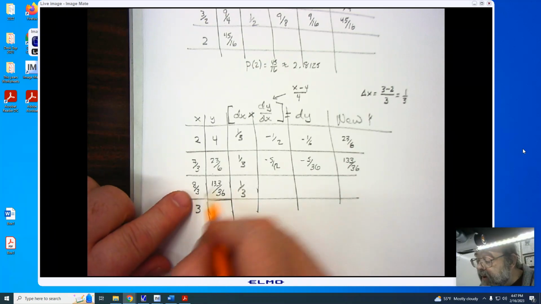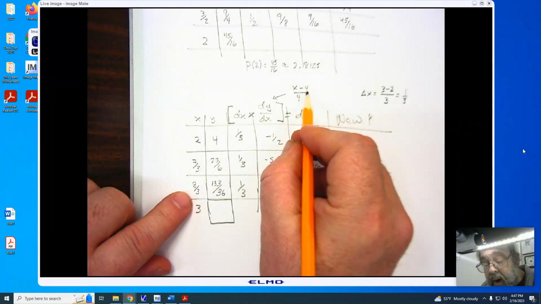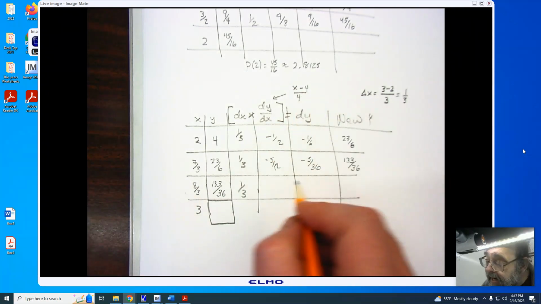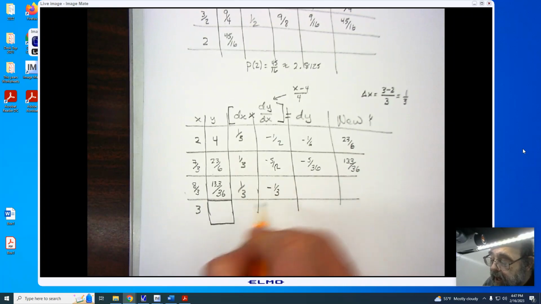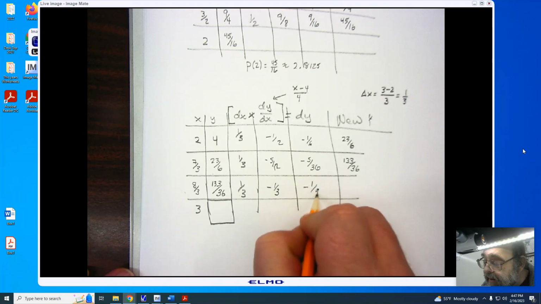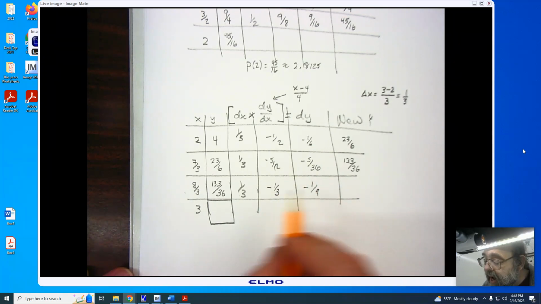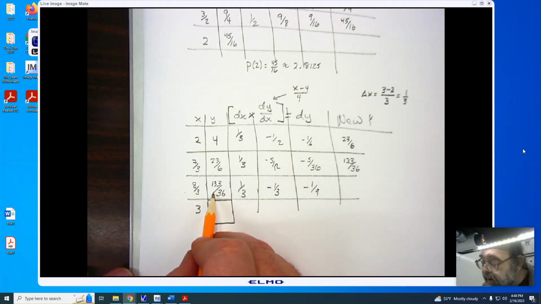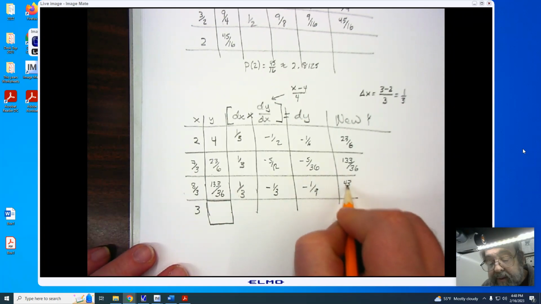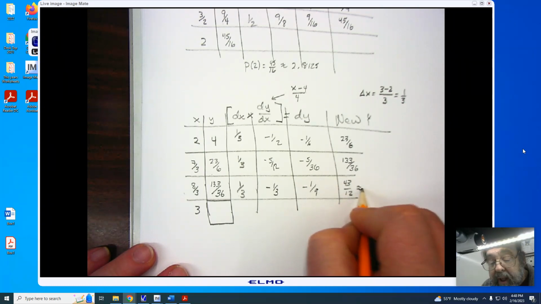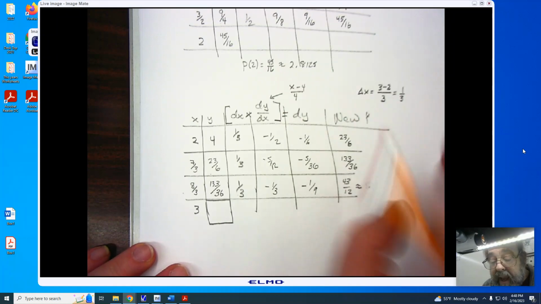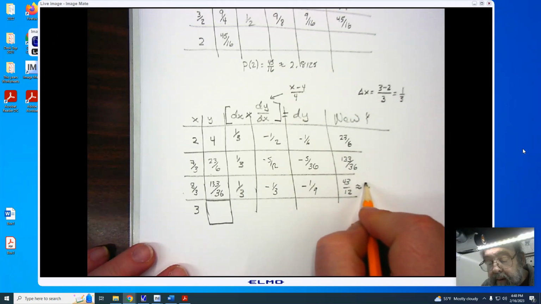I'm now taking 8/3. I'm subtracting 4. I'm dividing by 4, and I end up with a -1/3. I multiply 1/3 by -1/3, and I get -1/9. I add the -1/9 to the positive 133/36, and this will simplify to 43/12, which is approximately 3.583 repeating.